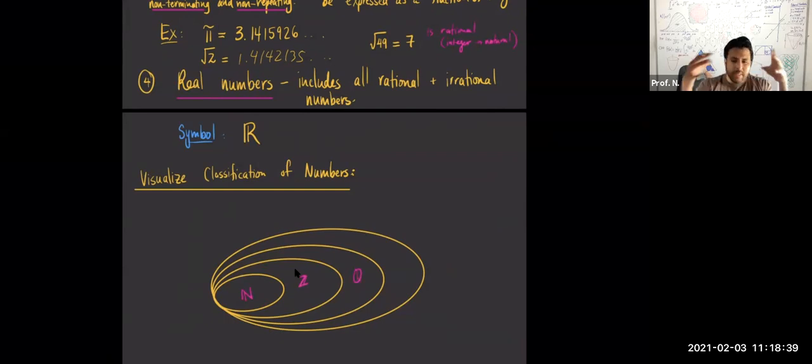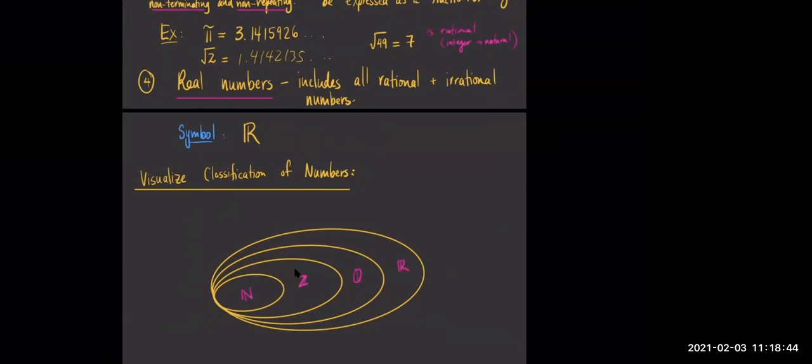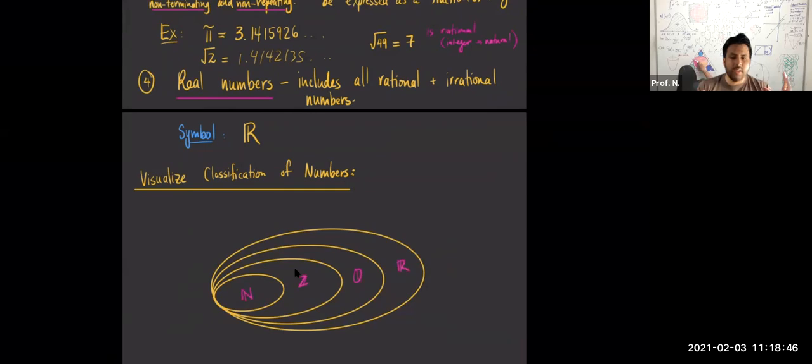And what includes everything altogether? Real numbers. So this is one visualization of it. The natural numbers are inside the integers. The integers are also inside the rationals, and the rationals are within the real number set. That's one way to see how everything fits into the other categorization.